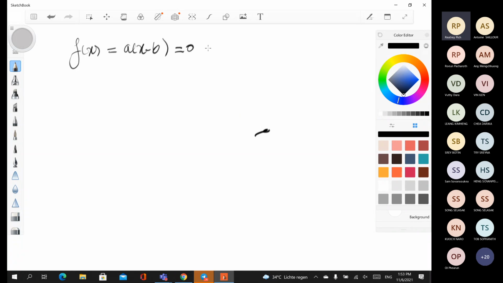So in this case, we reach x = b. First of all, I do not plot the slope field; I try to draw the phase diagram first to let you see. This is the value of x, and I put b here.